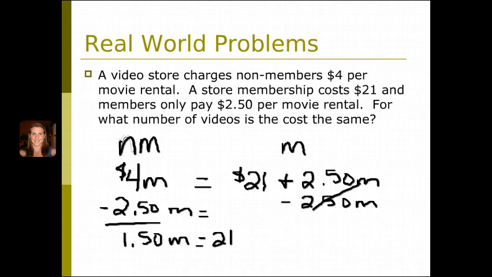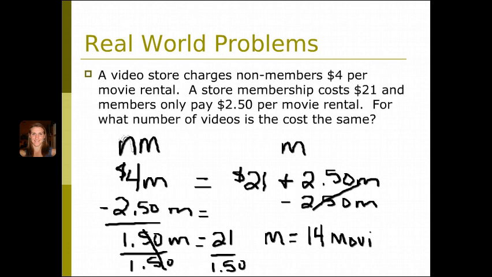Divide both sides by 1.50, and you're left with M equals 14 movies. Remember, you've got to write movies because this is a word problem. We've got to say what M represents.